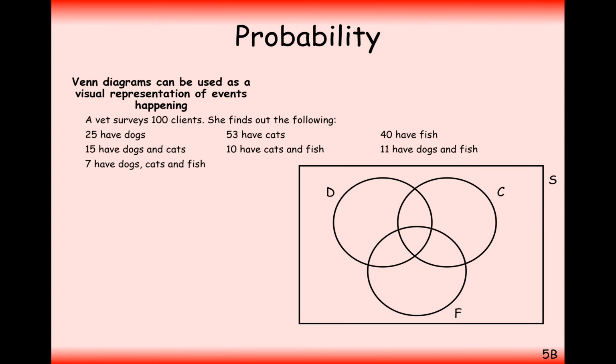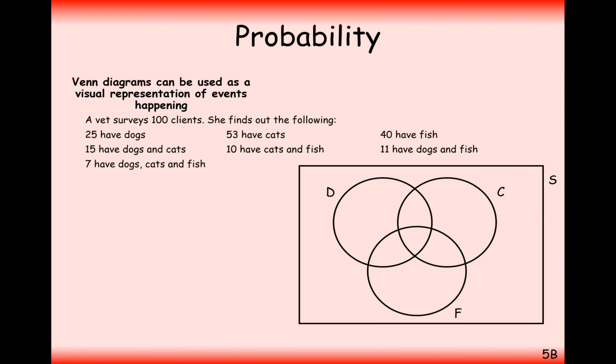Okay, so another question here involving 3 overlapping Venn diagram circles. And remember, we have to fill in the most overlapping part first and then work our way out through those who overlap a little bit less and those who finish the diagram off.